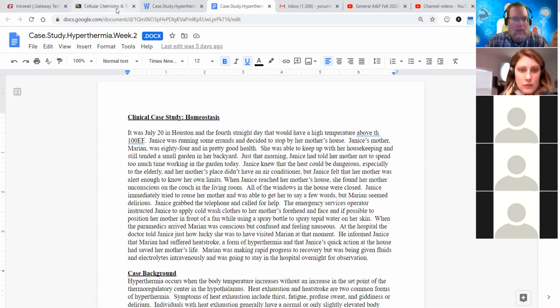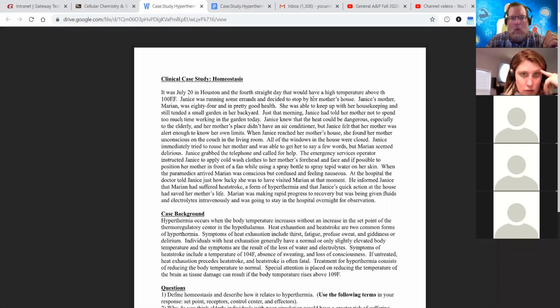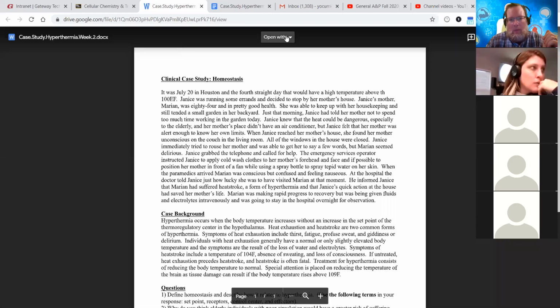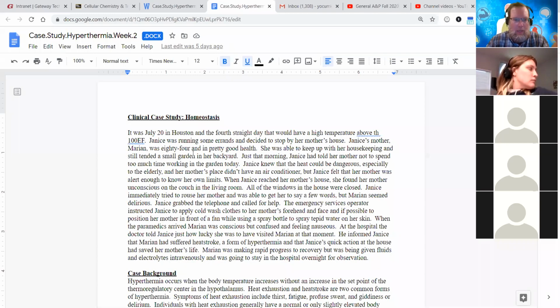I opened this and it opened up like this. So when you click hyperthermia case study, it's going to probably open something like this. Again, you can either download this as a Word document, type right into it, and put it in the Dropbox, or you can open it with, which is what I did, Google Docs, and that pulled me into here.